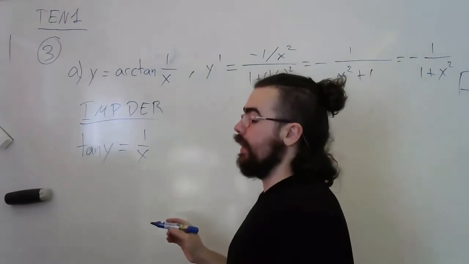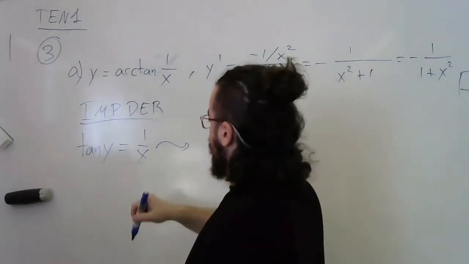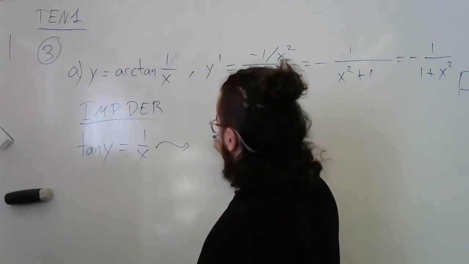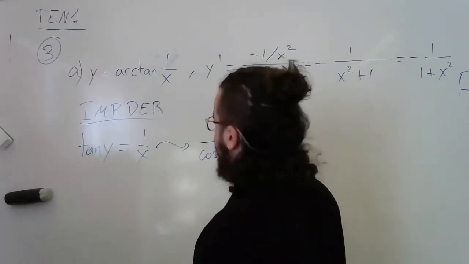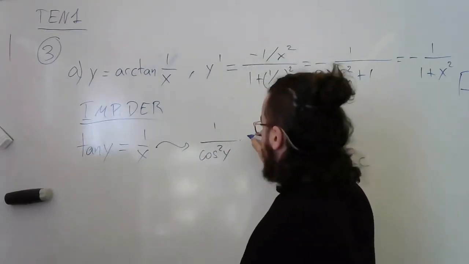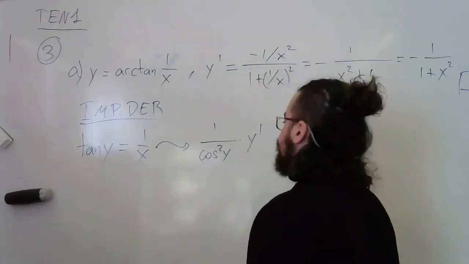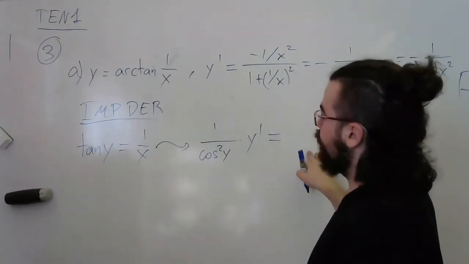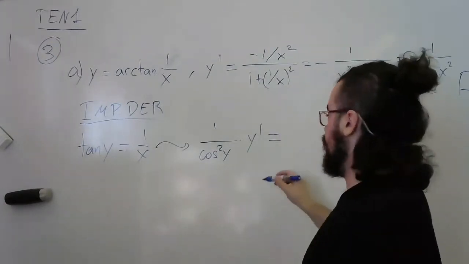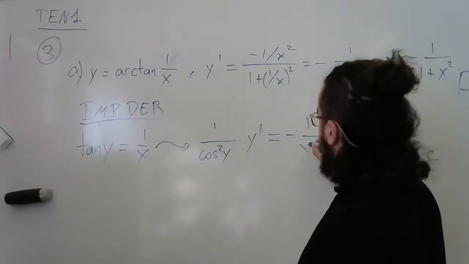And now we can derivate. We derivate with respect to x, and we have 1 over cosine square of y times y prime equal, we derivative with respect to x, minus 1 over x squared.